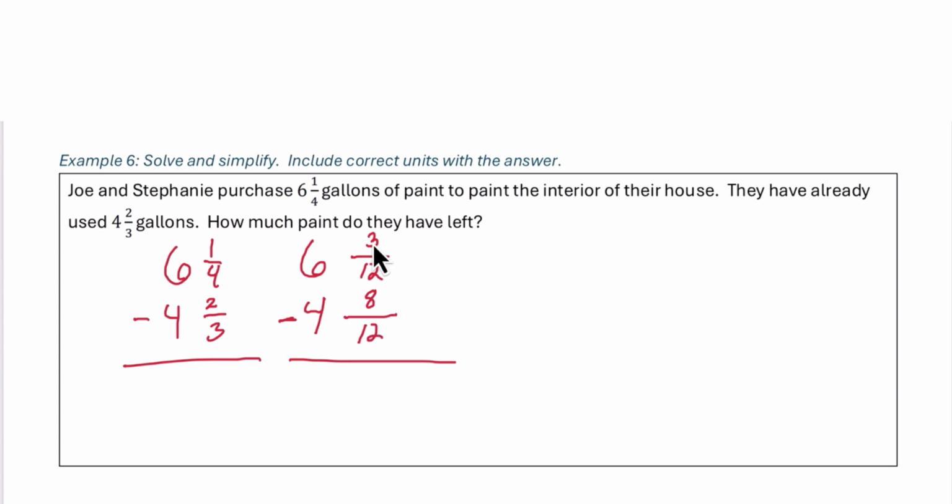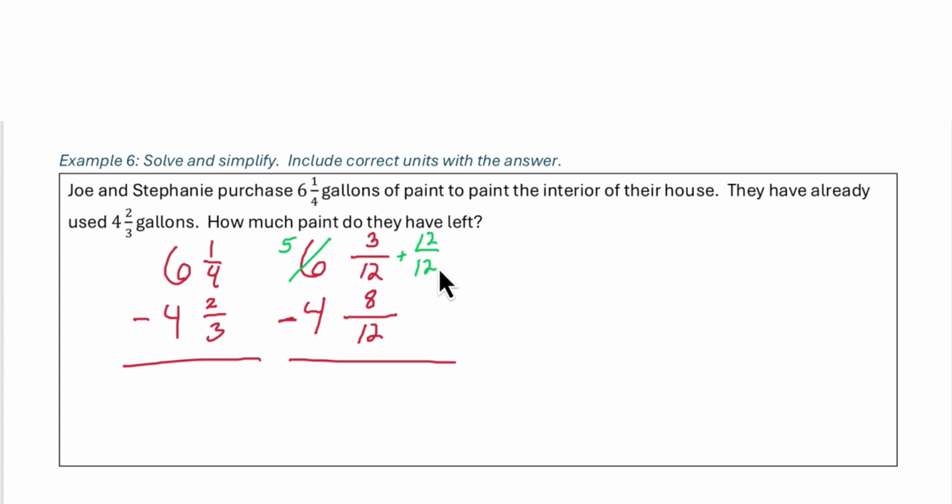So we can borrow from the 6. We'll borrow a 1 from the 6, making the 6 become a 5. And we'll add that 1 to this fraction, but we have to add it in an interesting way. We need an LCD, so we're going to add 12/12. Recognize that that's really 1.